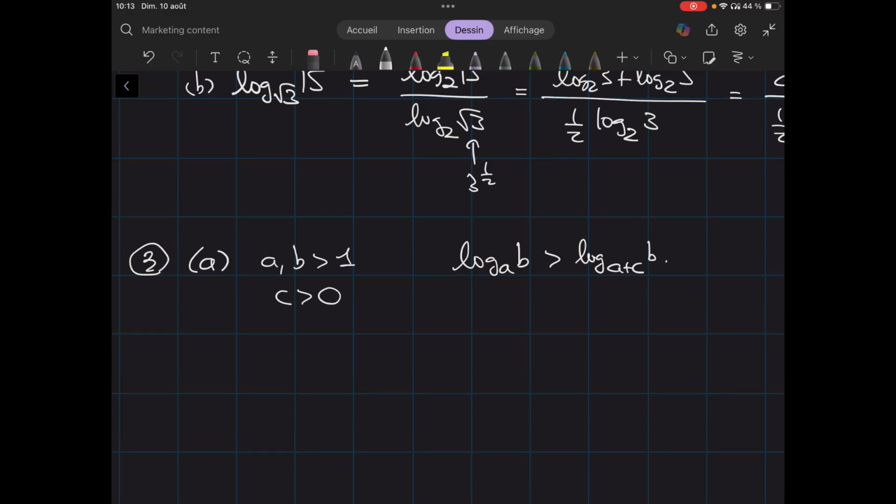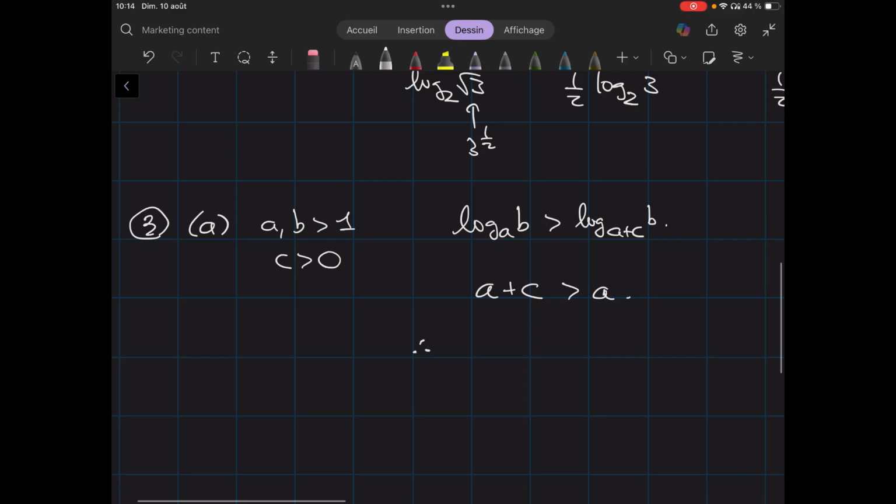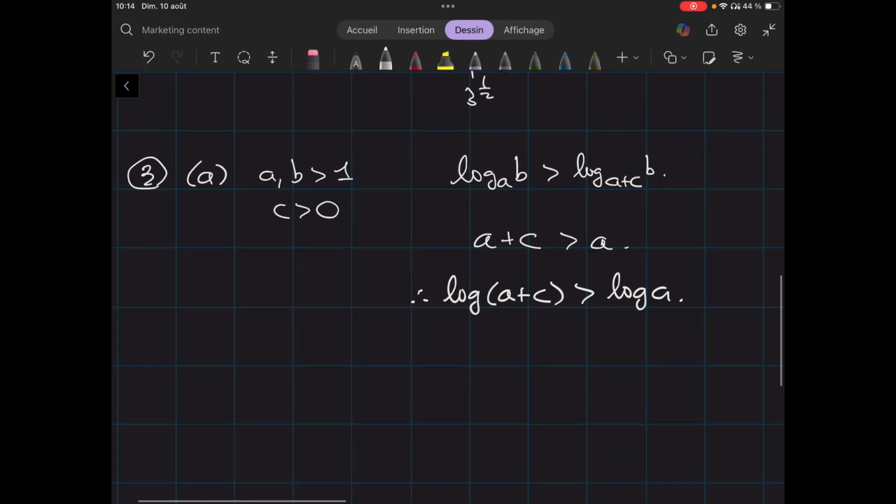So, we are given that A and C are positive, so A plus C is greater than A. Therefore, log base A plus C is greater than log base A, and it's also positive.